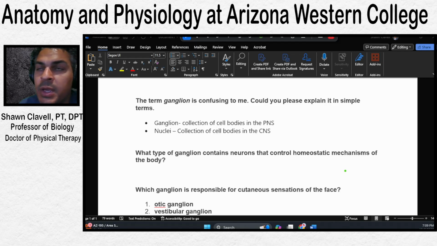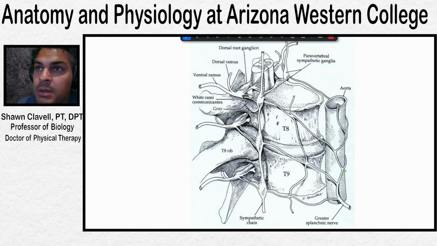The dorsal root ganglion is the collection of cell bodies of the sensory neurons that go through the dorsal root. And the paravertebral sympathetic ganglion are the ganglion located parallel to the vertebral column, and they are related to the autonomic nervous system, specifically the sympathetic chain.